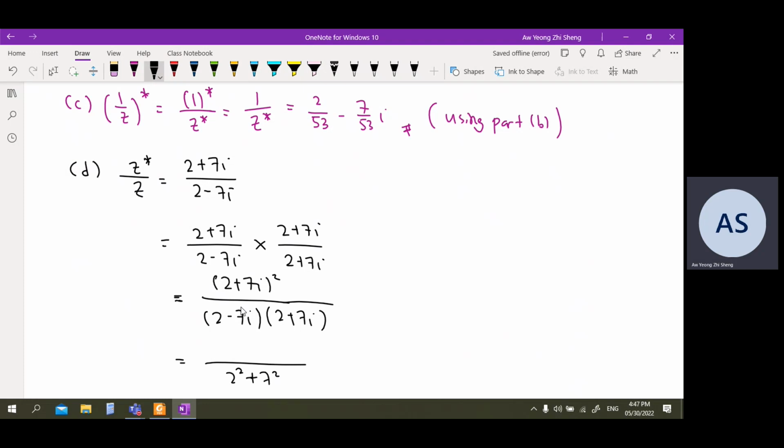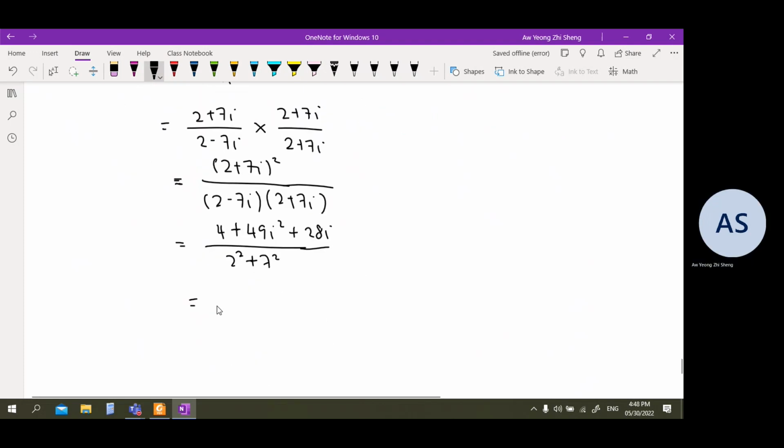At the top I just expand using the usual quadratic expansion, a squared plus b squared plus 2ab. I have 4 plus 49i squared, and plus 2 times 2 times 7i, that is 4 times 7i, that's 28i. 49i squared is minus 49, because i squared is negative 1, so it changes the plus in front to become a minus.